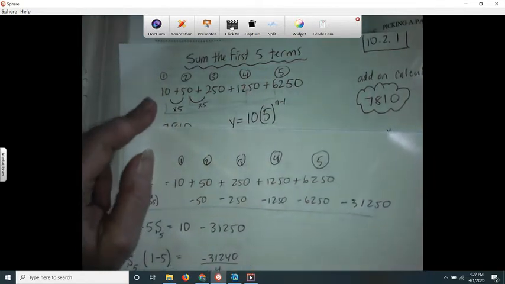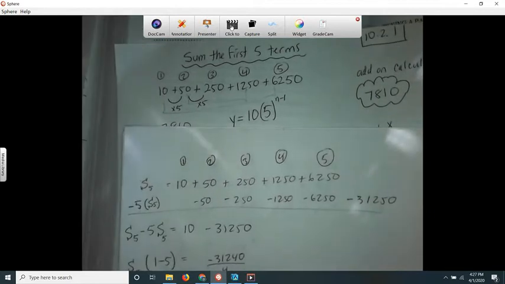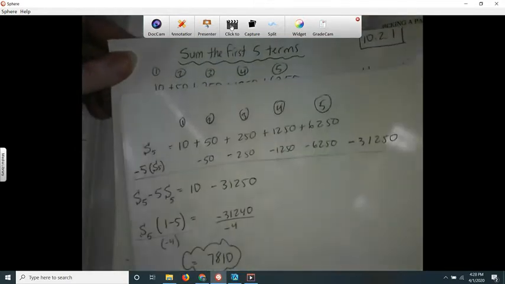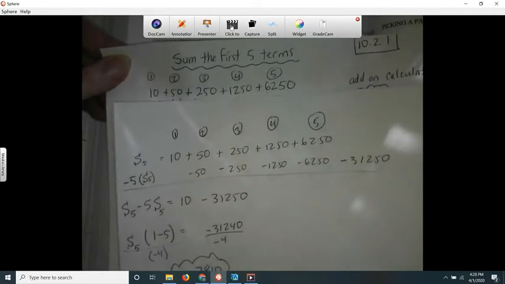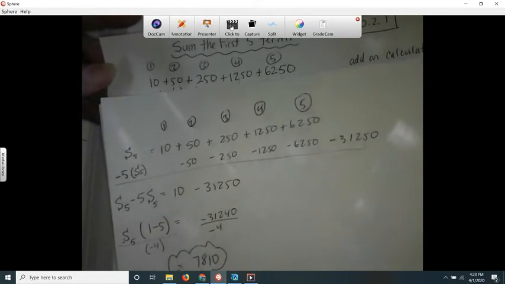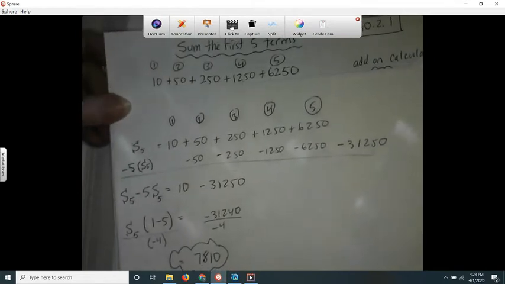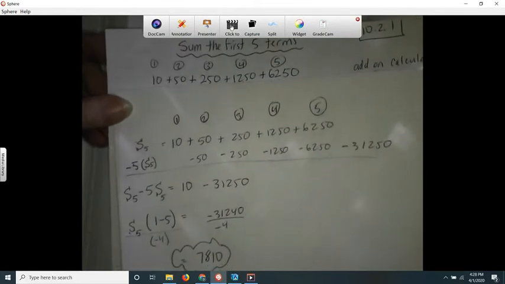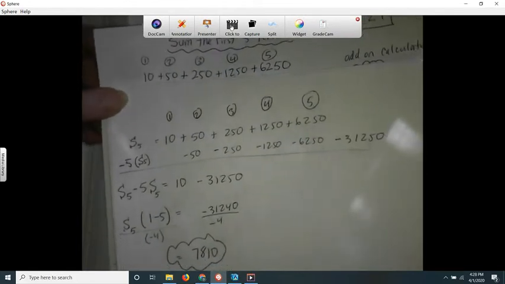So they're asking you to find a way, like what can you do to figure it out. Maybe you could add it to itself or subtract it from itself or some kind of thing, and you're supposed to figure that out in your teams. So I'm just going to show you what you were supposed to come up with.